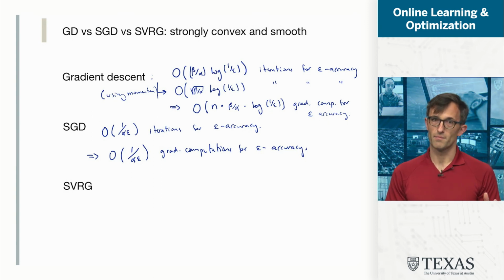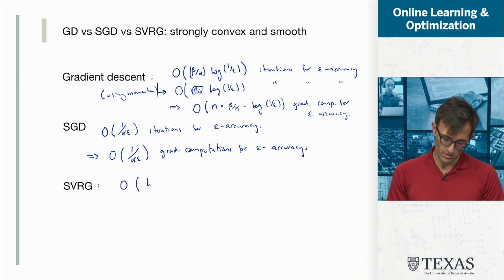SVRG is going to try to combine the best of both worlds in some sense. So SVRG requires order log 1 over epsilon iterations for epsilon accuracy.